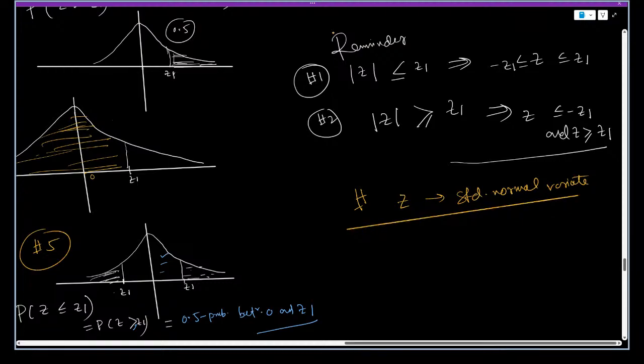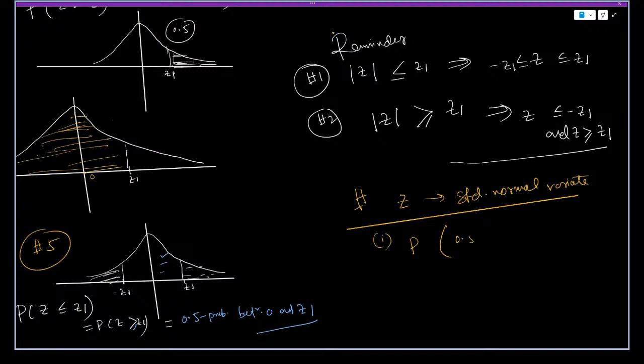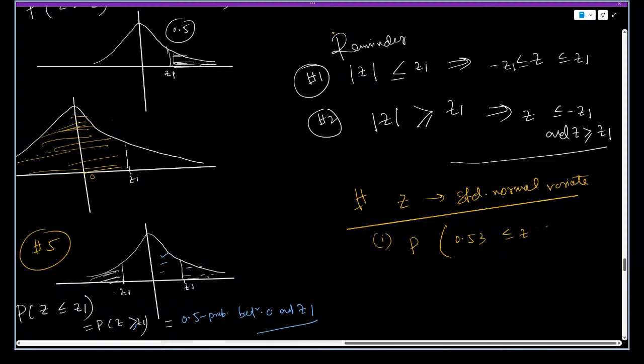Find P(0.53 ≤ Z ≤ 2.03). Writing a few more, you have to find P(−0.81 ≤ Z ≤ 1.13). Okay?